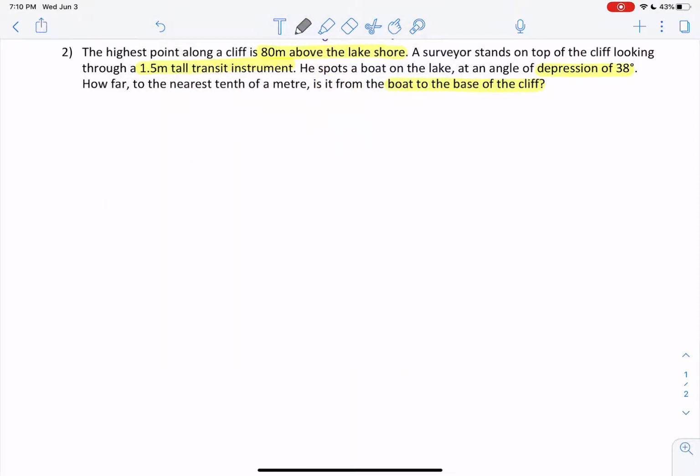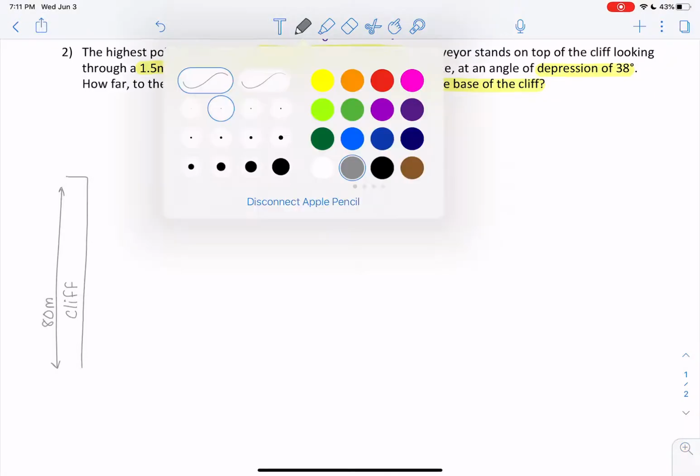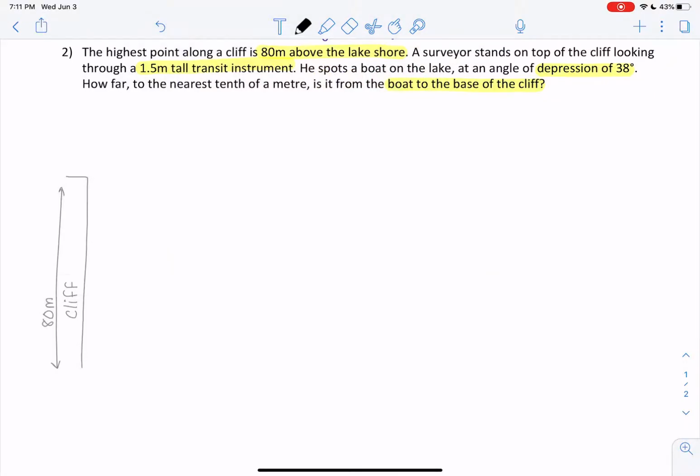So first we have our cliff. So here's our cliff here. Something along these lines. And our cliff is 80 meters high. And on top of the cliff, we have a little instrument that is measuring distances.